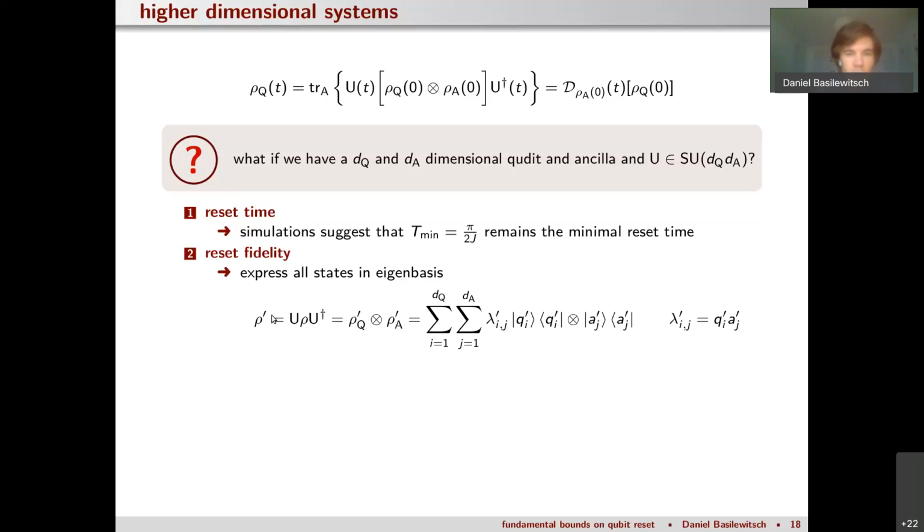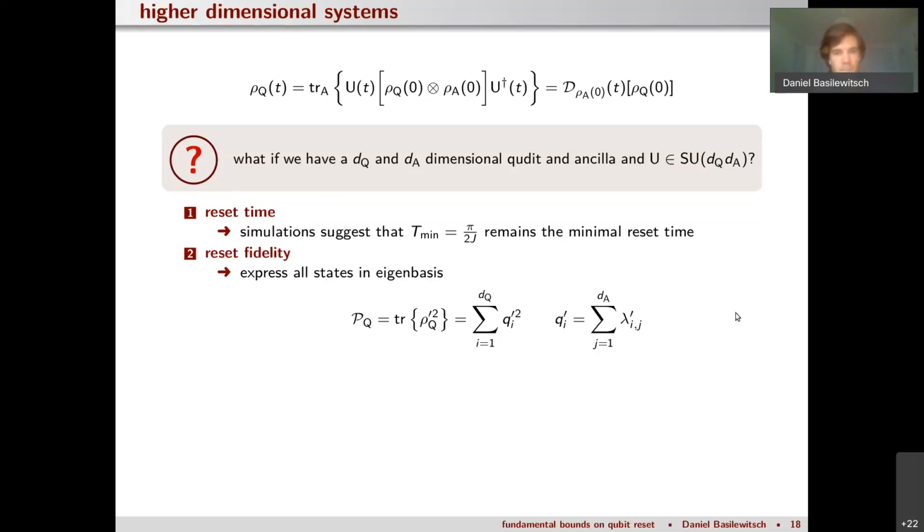Then we assume that our time evolution also yields a factorized state, which is a good assumption because, of course, you don't want your reset to correlate your qubit with an ancilla. So you want your U to also give you a factorizing state on output. Therefore, we can also write the final qubit state, indicated with a prime, in their eigenbases, and also the joint state, with the spectrum lambda ij prime, which is Qi prime Aj prime, so basically identical in form to the initial state.